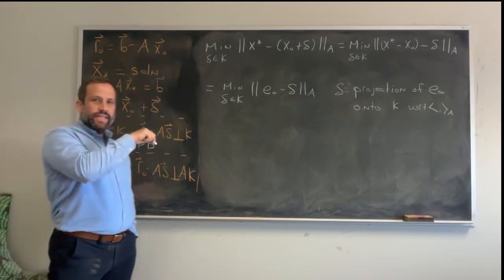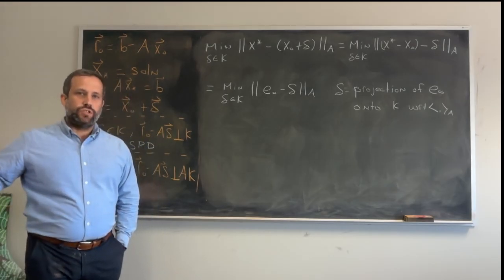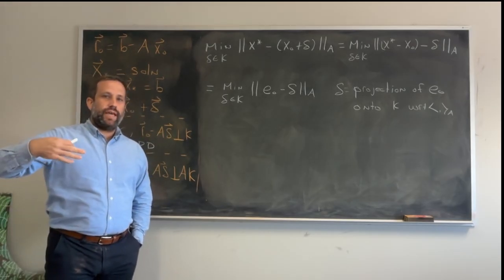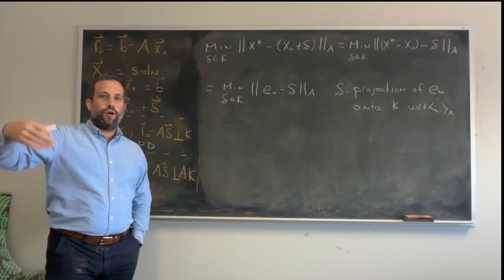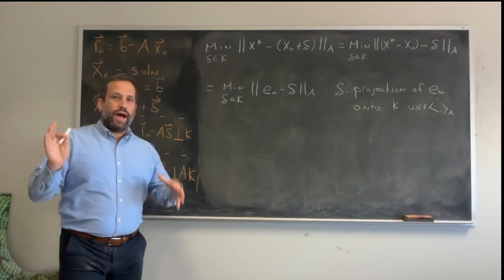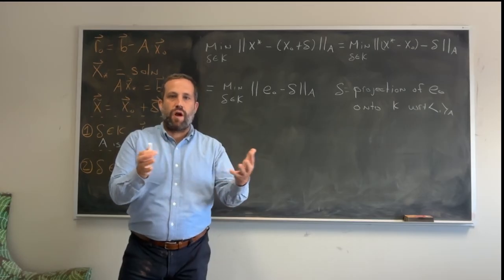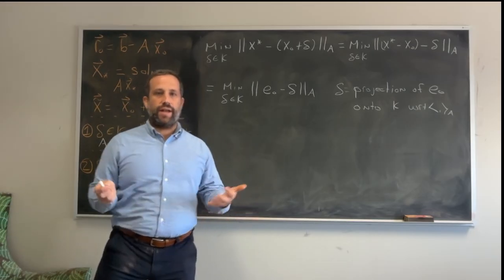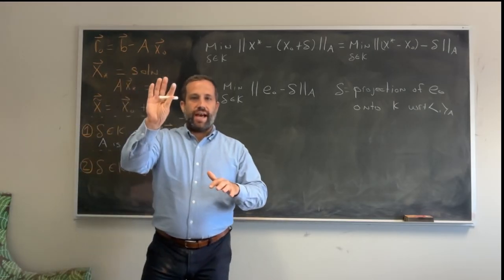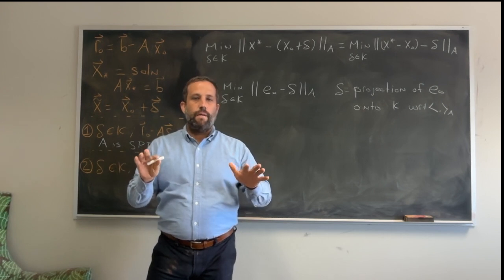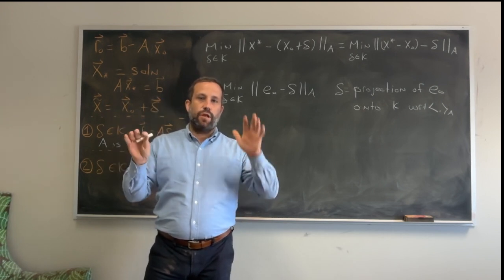So we can see delta as being the projection of the error onto this subspace. And the idea is that these subspaces are going to grow, so each time we're going to get a better and better approximation to the error. And if we have a better approximation to the error, that means we have a better approximation to the actual answer. If this is your guess and you know the error exactly, then the true thing is just the guess plus the error.